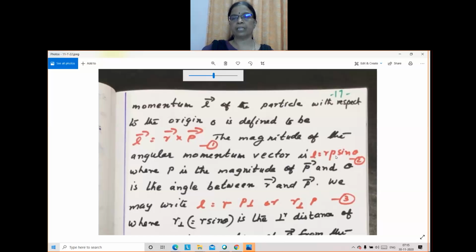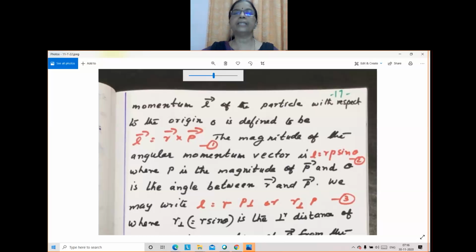For example, when is the angular momentum maximum? Alok, when is the angular momentum maximum? From the equation, tell. Alok, is Alok there?